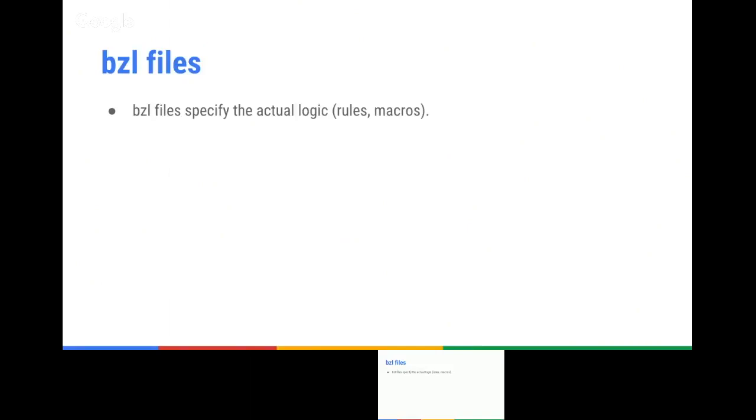They hold the explanations, all the details of how the build file actually works. Rules are a way to support new languages and new tools. And when I say languages, it's not just computer languages like C++ or Java, but you can imagine lots of other tools.